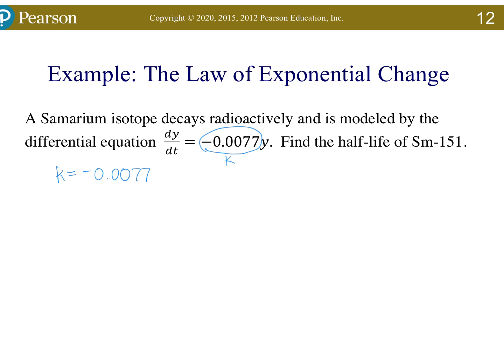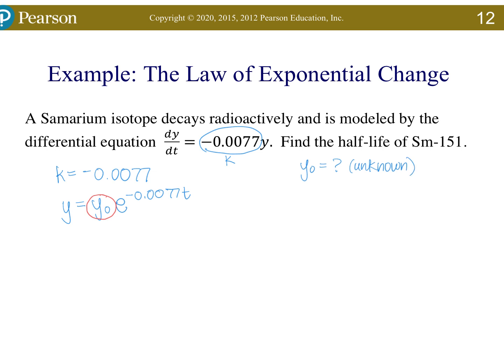So we can write a Y model. So Y would be equal to Y sub 0 e to the negative 0.0077t. We don't know how much we're starting with. Y sub 0 is a mystery. So as of yet, our Y sub 0 value is unknown. But that's not going to stop us.